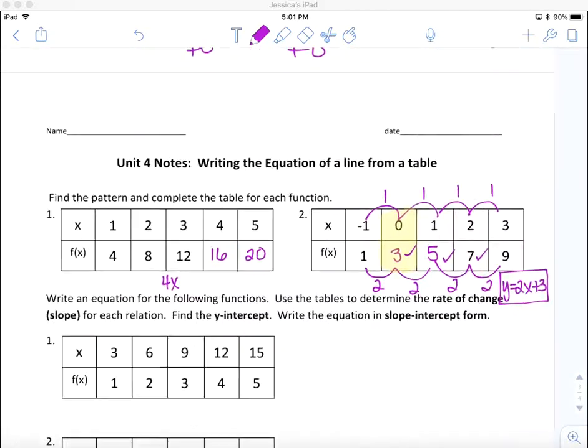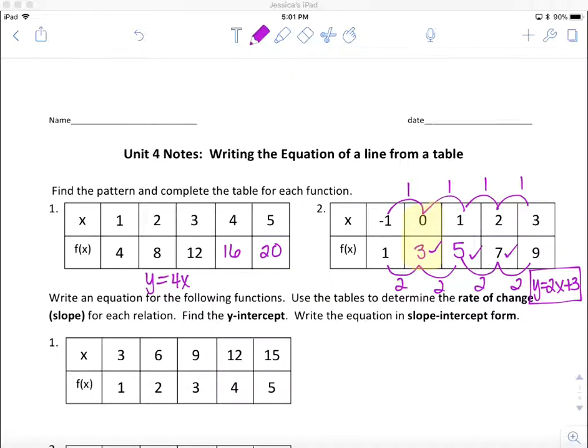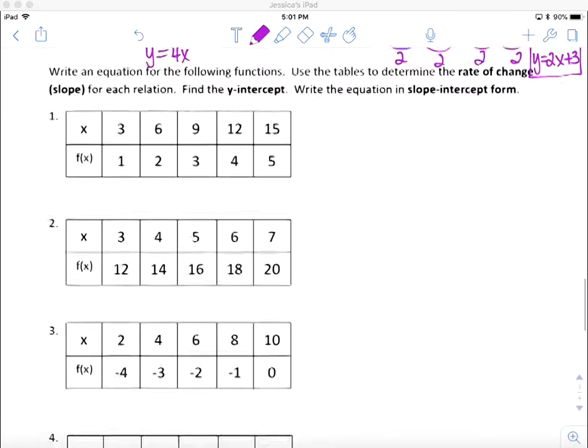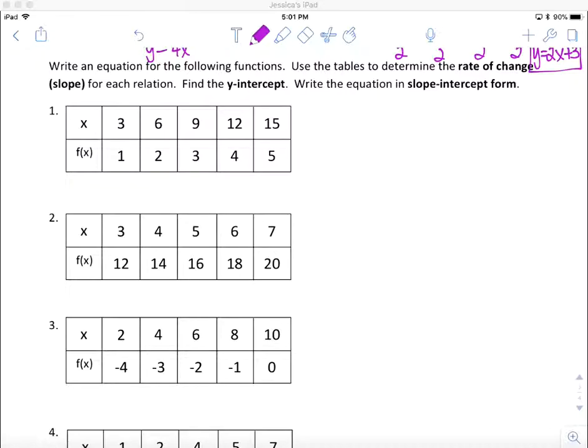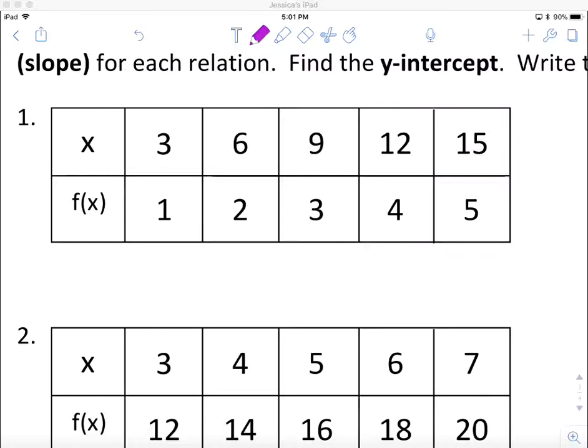Now, if you don't like coming up with the pattern on your own or looking for the y-intercept, you can actually use the method we used for 2 points. So I'm going to show you both slope-intercept form and point-slope form. First, looking at number 1, I have my table, but I need my slope. You can pick any 2 points on your table to come up with your slope. On this one, I'm just going to pick the first 2. I'm sorry, I did that completely wrong.